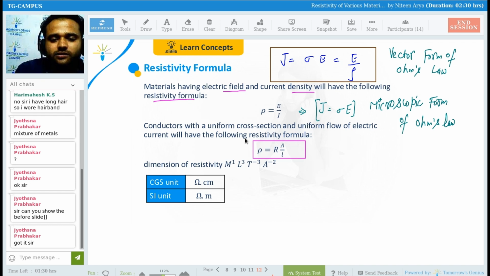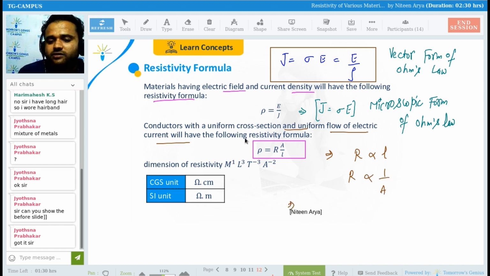Conductors with a uniform cross section and uniform flow of electric current will have the following resistivity formula, which arises from resistance being directly proportional to length and inversely proportional to area.